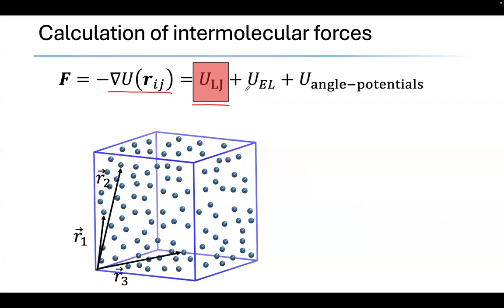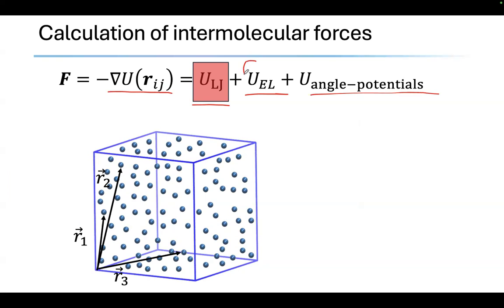The other important source of intermolecular potential is the electrostatic potential, and then there are angle potentials. All of these are based on real physics. You derive these potentials from basic physical ideas at the atomistic scale, or even at the quantum mechanical scale.